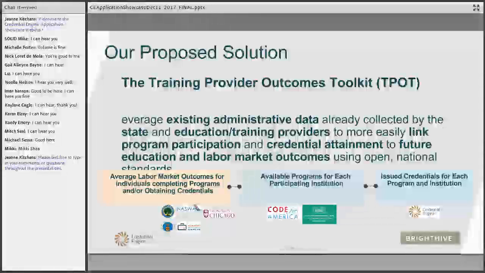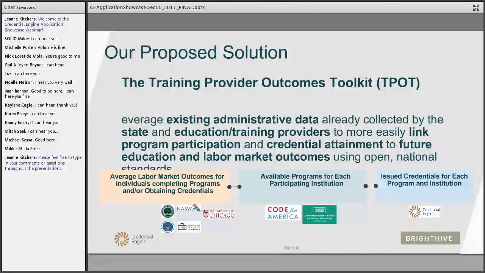And the way we've gone about doing this over the last few years is to say, we can leverage existing administrative data already collected by states and education training providers themselves to more easily link that program participation data and credential attainment to future education and labor market outcomes using some open standards, and in a way that will actually reduce the overall reporting burden and get more rich data into the Credential Registry.